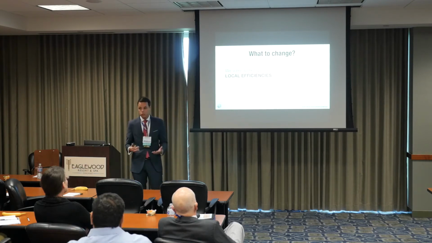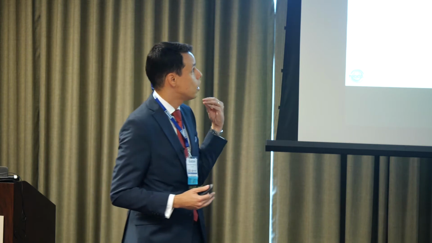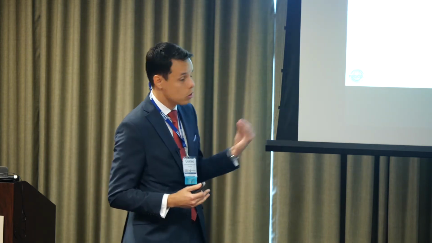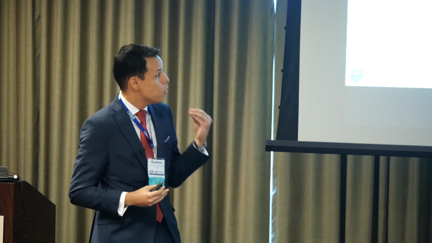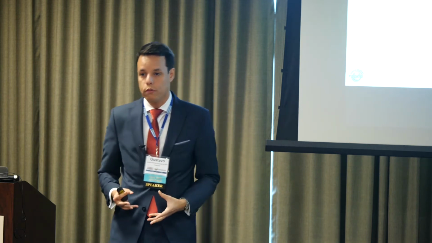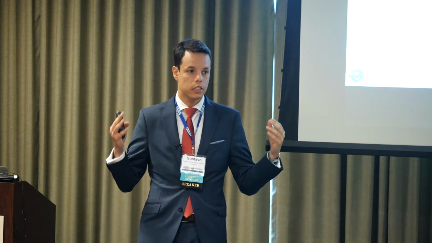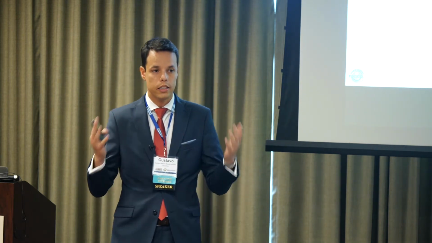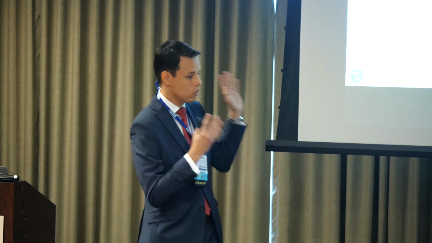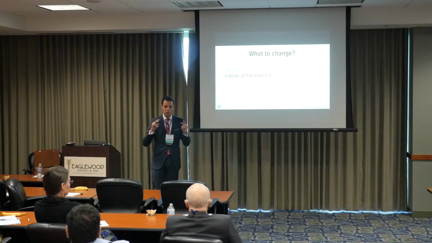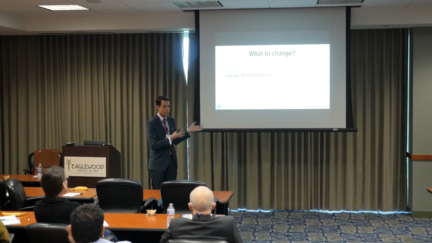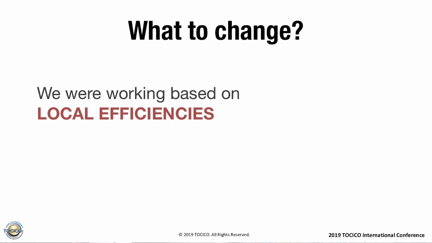And what did we need to change? We were working based on local efficiencies. The assistant was always occupied, and I was also almost occupied because I had someone in my exam seat, but the patient was not ready because they didn't have the venous access, or because I didn't have the medical records.